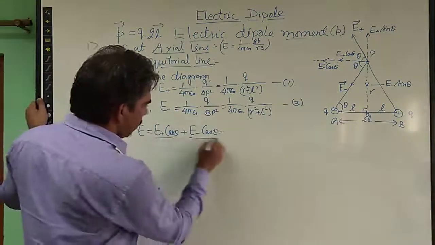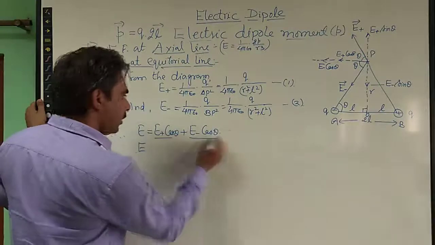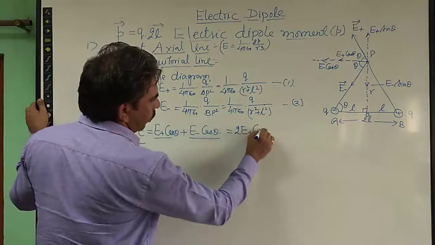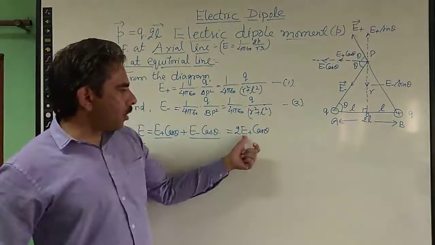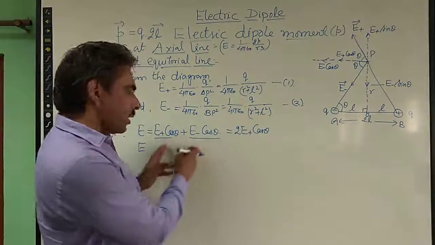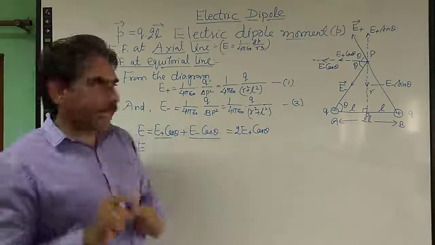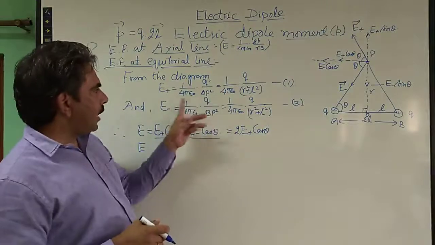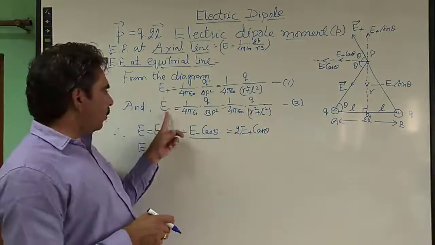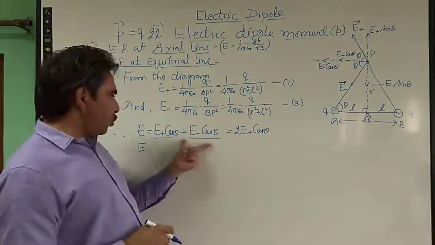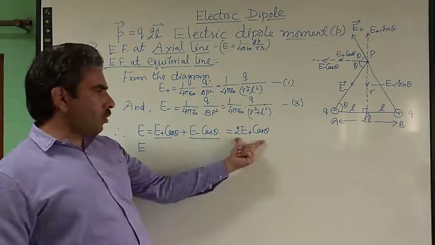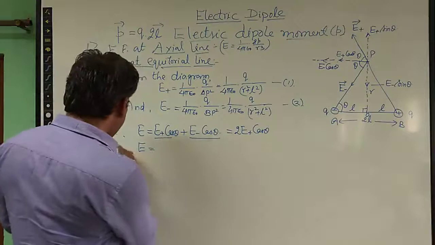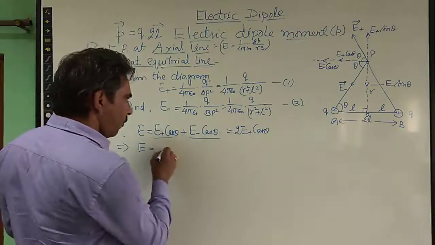Because the two components are the same, we can simply write them as twice E positive cos theta or twice E negative cos theta, because both are the same in magnitude. We can give it as either E plus or E minus. So these two together make twice E positive cos theta or twice E negative cos theta.